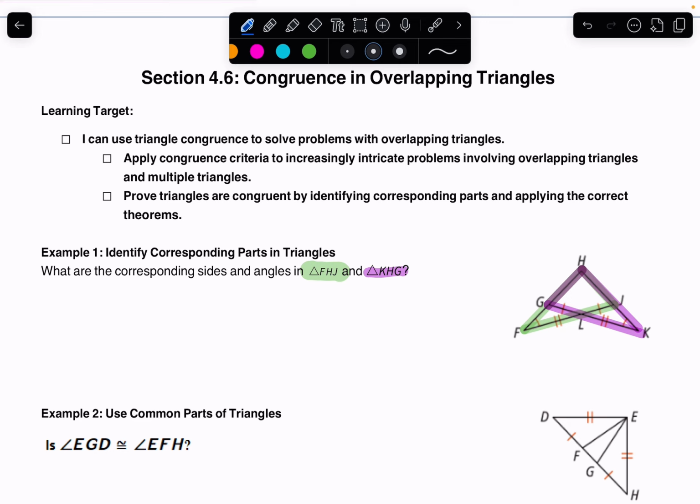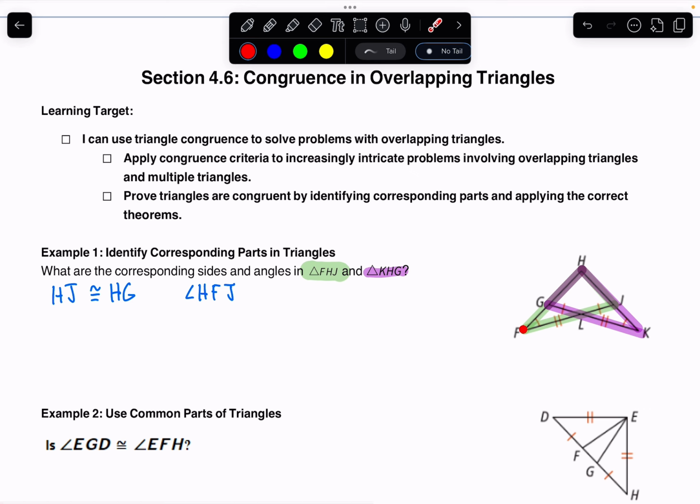So all I need to do is pick out the side lengths that are the same and the angle measures that are the same. For example, the short side of the green triangle is HJ. That's got to be congruent to the short side of the purple triangle, which is HG. The smallest angle in the green triangle is angle, I'm going to use three letters, HFJ, right?